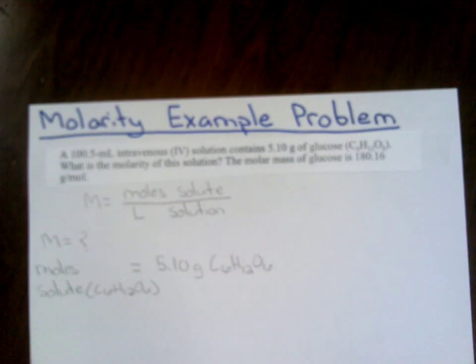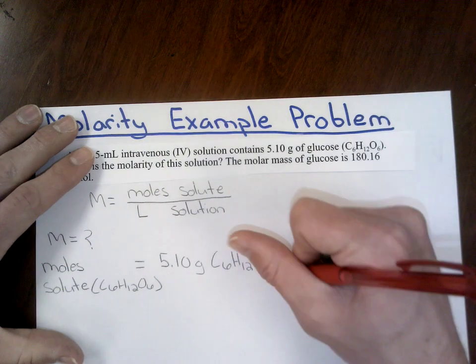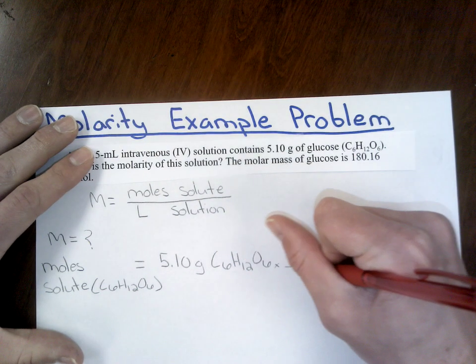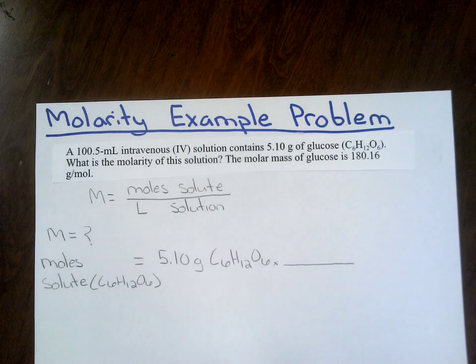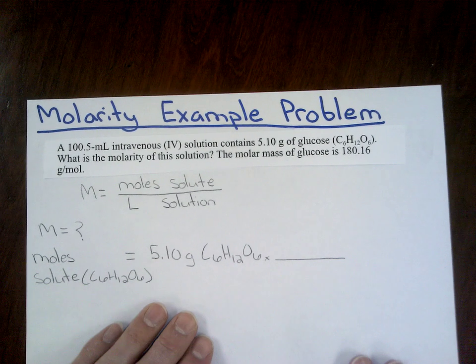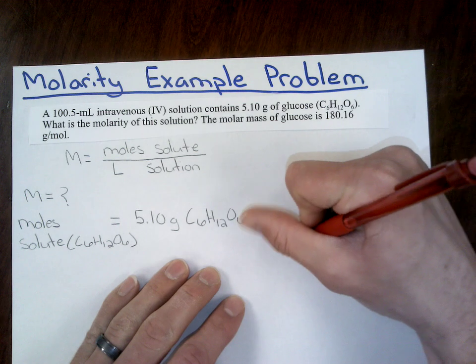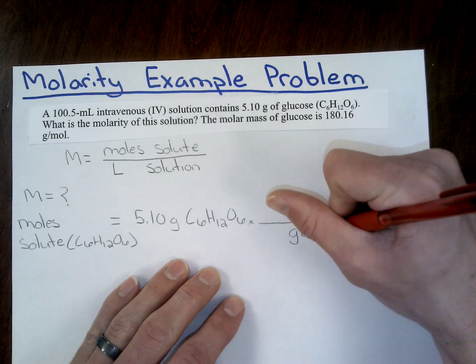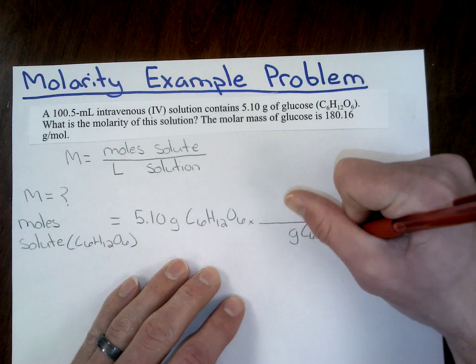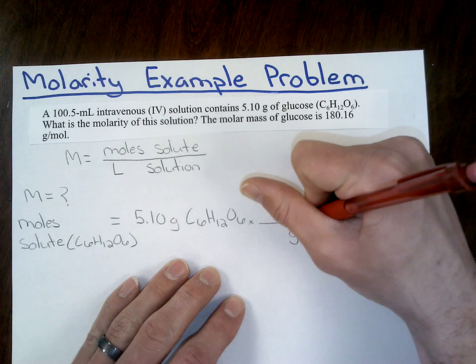Now, to convert from grams to moles, we need to use that molar mass, and so we need to set up that conversion. Remember, with our conversions here, we're going to cancel diagonal units. So we're going to put grams of glucose on bottom, and we are going to put moles of glucose on top.